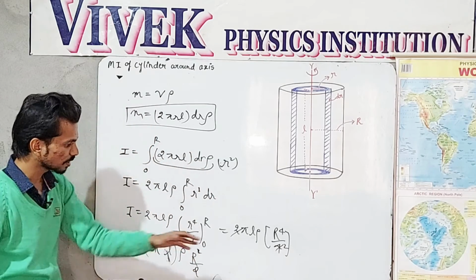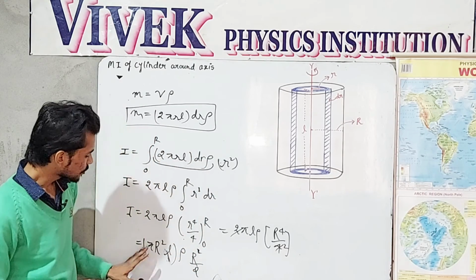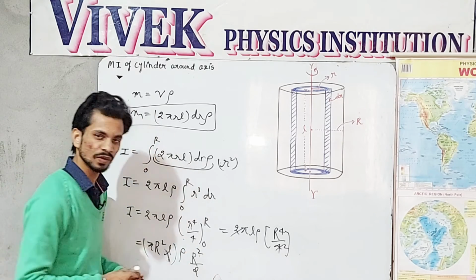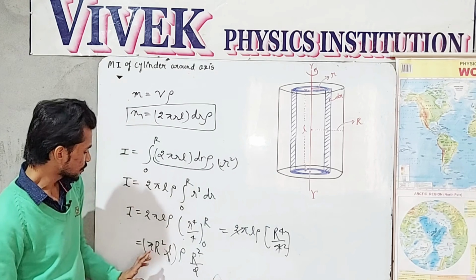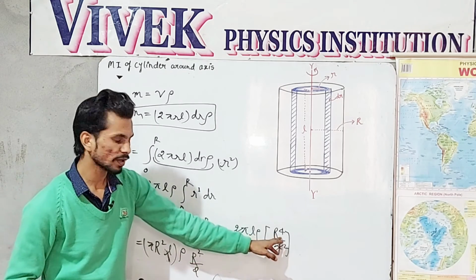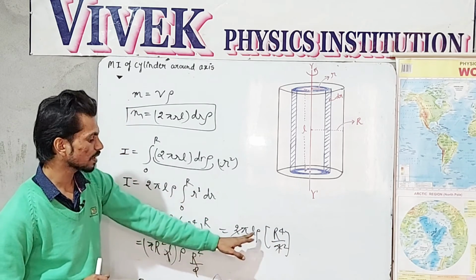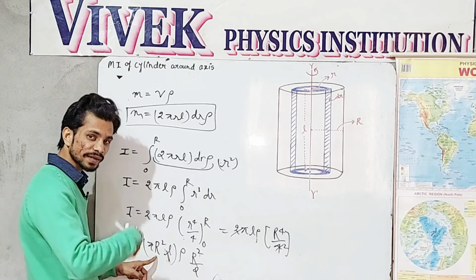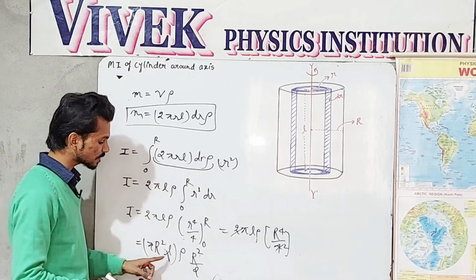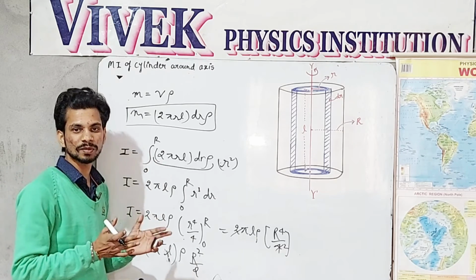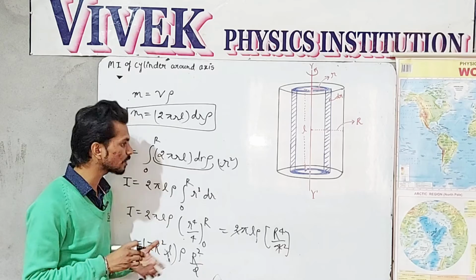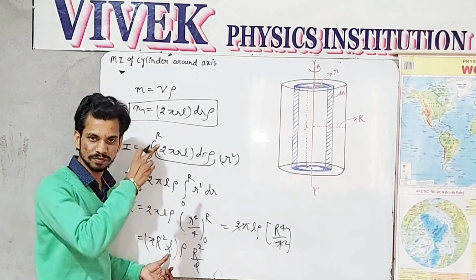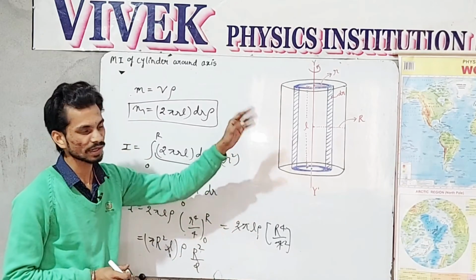Okay, let's check whether this equation is balanced or not. So pi R squared L rho, times R squared divided by 2, is taken from this equation. Now you can see that pi R squared h, in simple terms, is nothing but the volume of the cylinder, and here the height of the cylinder is taken as L, so pi R squared L shows the volume of this particular cylinder, which is shown in black color.